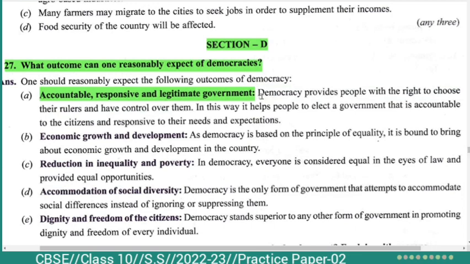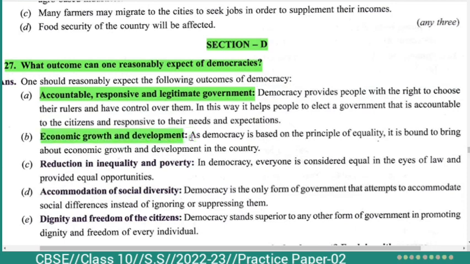Democracy provides people with the right to choose their rulers and have control over them. In this way, it helps people to elect a government that is accountable to the citizens and responsive to their needs and expectations. Next, economic growth and development.